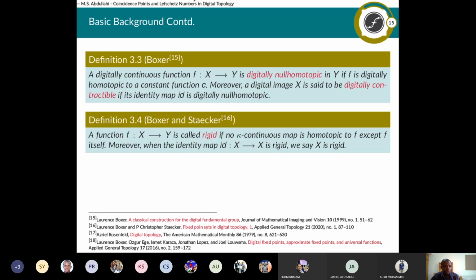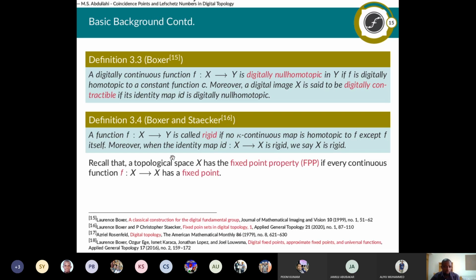And also in 2019, Boxer and Staecker introduced a notion called rigid. We call a function rigid if we cannot find any other continuous function which is homotopic to that function. And if this function happens to be an identity function, then we say the whole set is rigid.